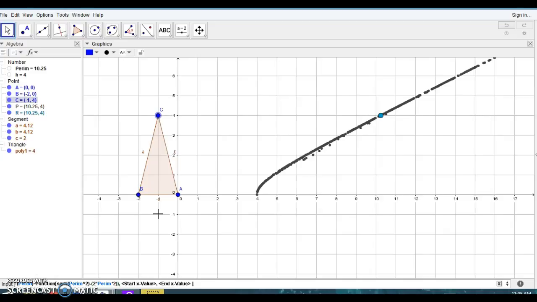And this is going to be all over 4. And I need to include that in parentheses, which means I need to come back here and add a parentheses, okay? And my start x value, I'm just going to have it go from 0 to infinity. So I'm going to go over here and push this little infinity button, okay? And when I push this, I hope that it's going to make a curve, okay?